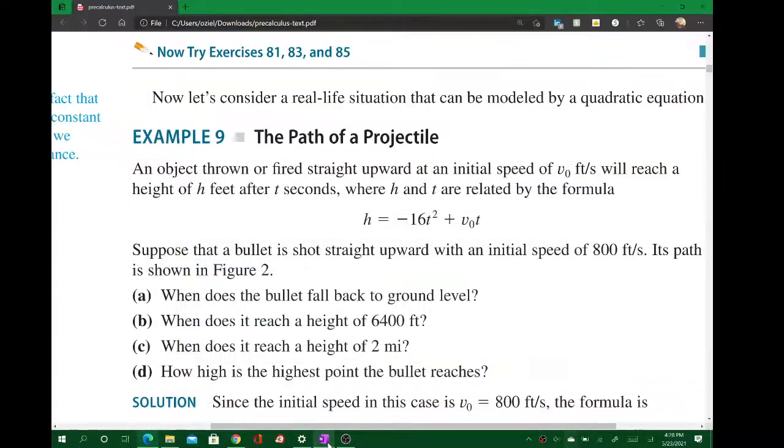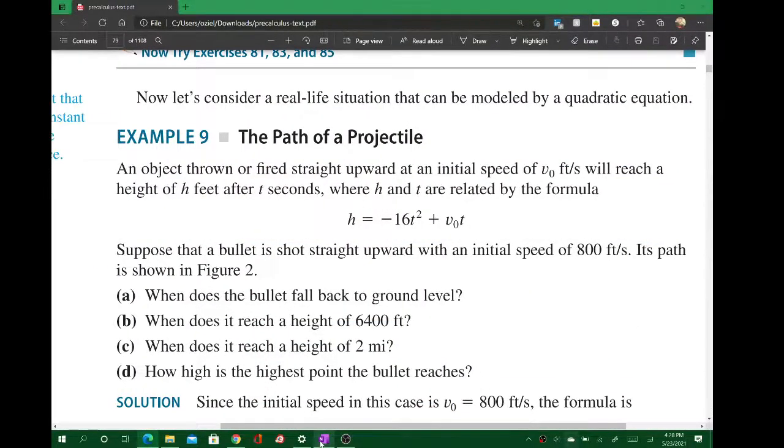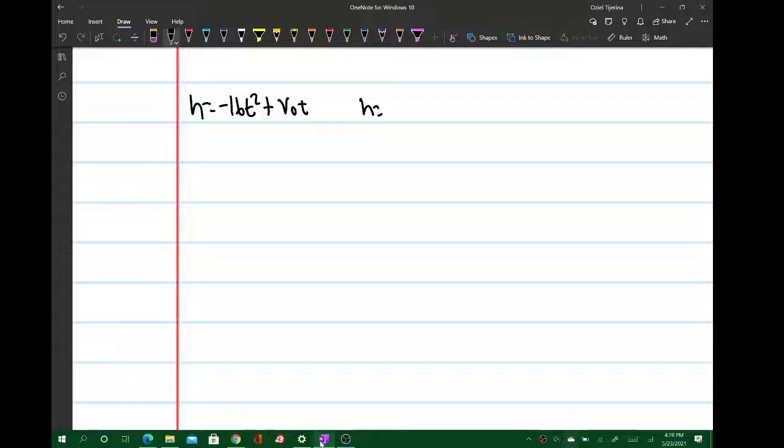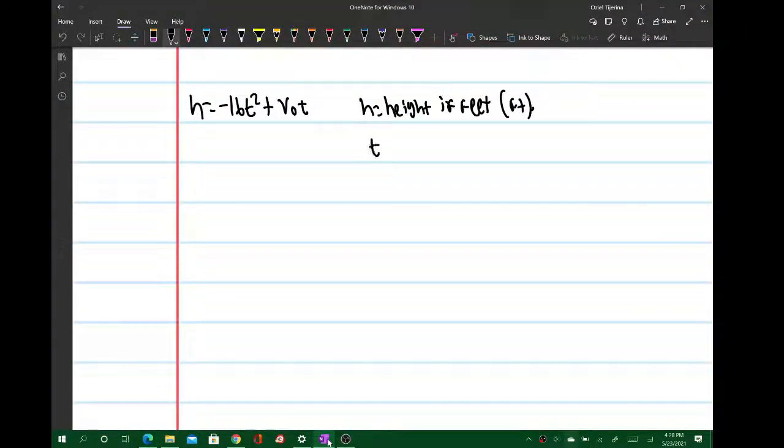Now it always helps to label what each variable means, right? h is defined as the height in feet, and t is equal to the time in seconds.